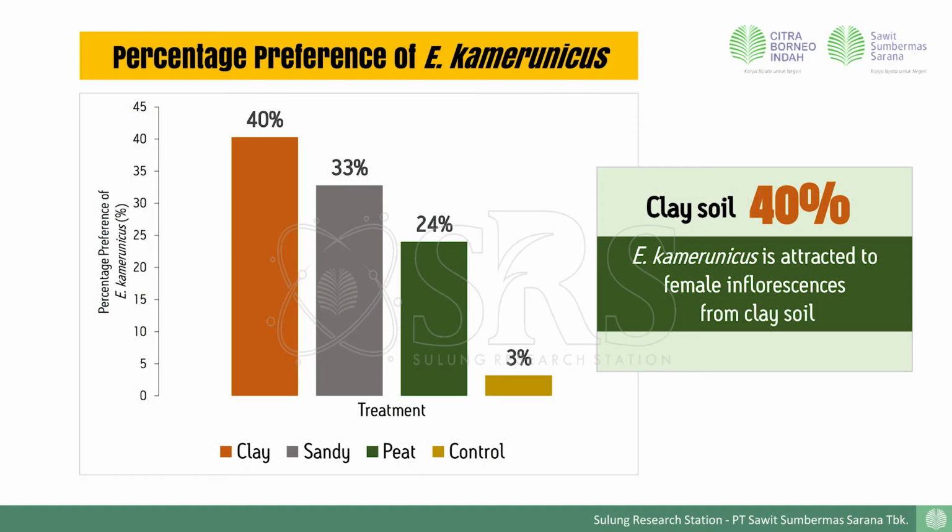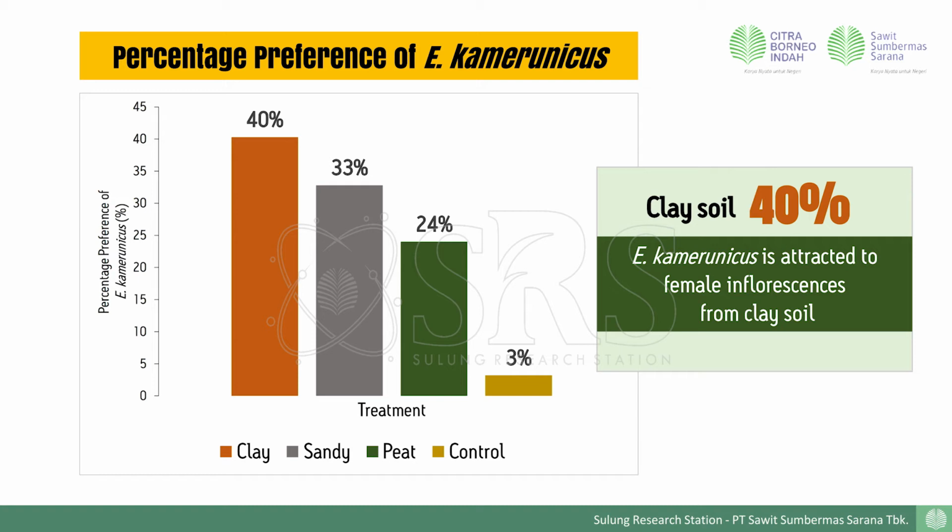The result of the analysis of variance shows that soil types have an effect on the preference of Elaeidobius visiting female inflorescences. Statistical analysis results show that the percentage of Elaeidobius visiting receptive female inflorescence from clay was higher than sandy and peat soils.